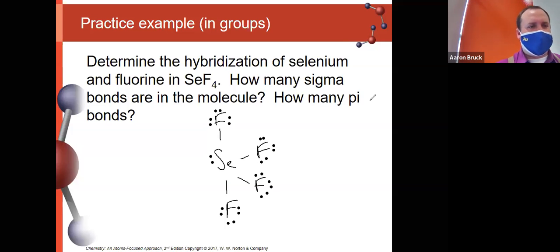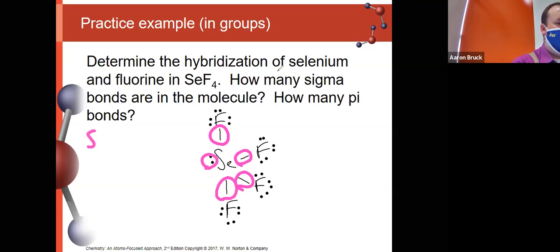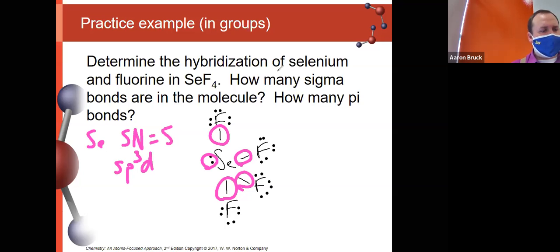We're looking at hybridizations. We need to look at how many electron groups are there for each one. So for selenium, I've got the 4 bonding groups plus this lone pair. Selenium has a steric number of 5, which would be sp3d. The fluorine, on the other hand, all 4 of the fluorines are the same. I've got the 1 bonding group.